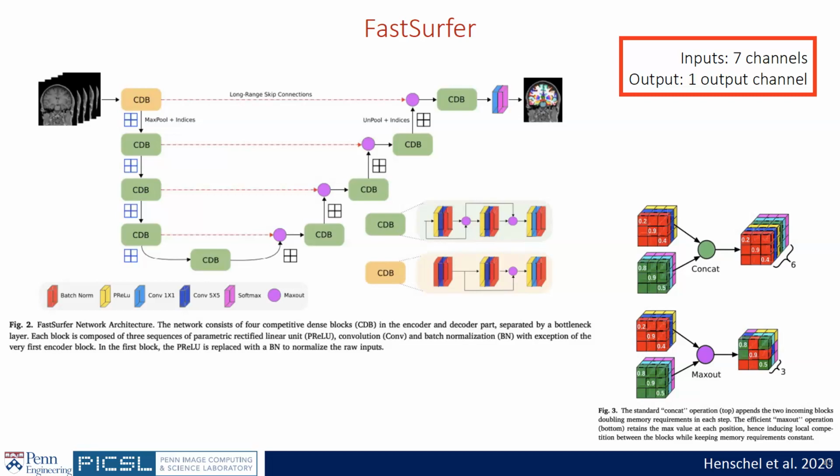So I have 7 slices, but I'm only predicting the segmentation for the middle slice. This way, it gets context from a bunch of previous slices and a bunch of slices coming after it. So 7 slices go in, and the output is 1 slice. And again, you see you have this U-Net kind of architecture with long skip connections.